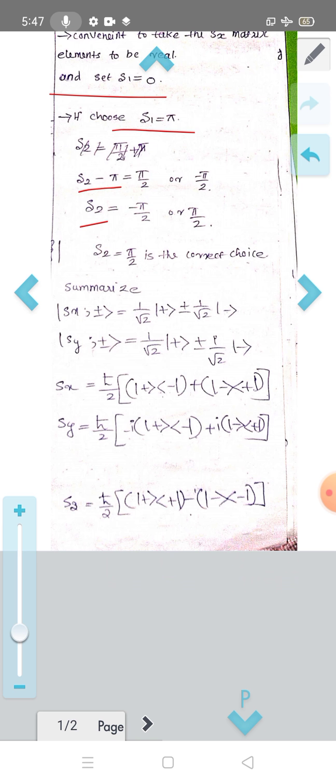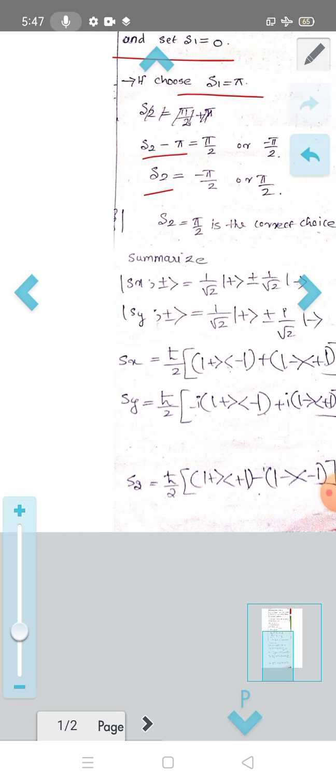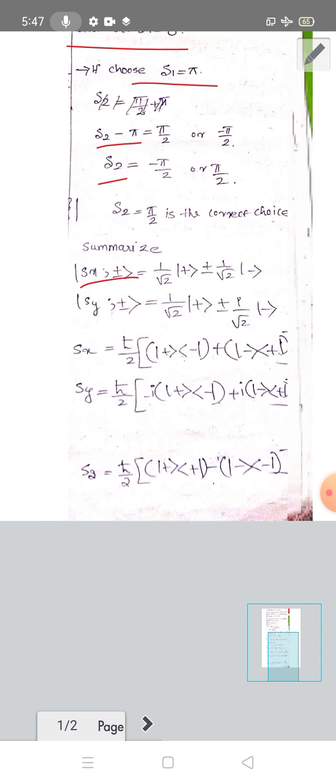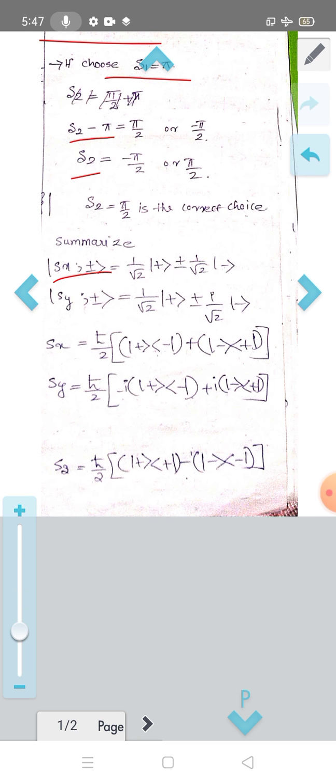Okay. So to summarize, in this section we constructed ket Sx plus or minus equal to 1 by root 2 ket plus, plus or minus 1 by root 2 ket minus, then ket Sy plus or minus equal to 1 by root 2 ket plus, plus or minus i by root 2 ket minus.